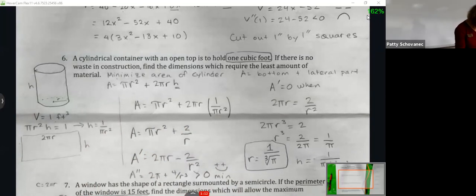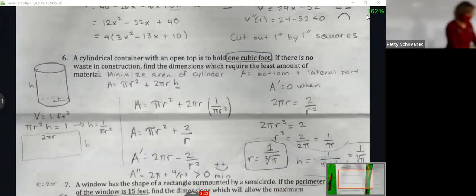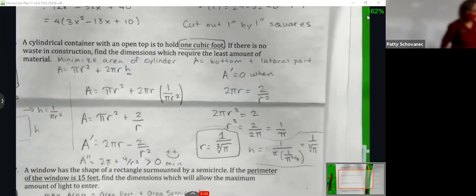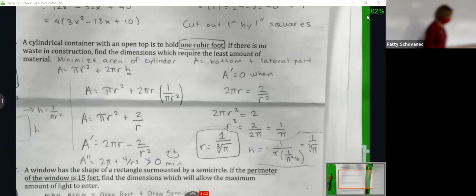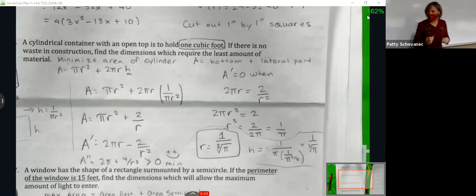So I can write that as 1 over pi to the 1/3, which is also 1 over cube root of pi. Can you do it? Radius is 1 over cube root of pi, height is 1 over cube root of pi.